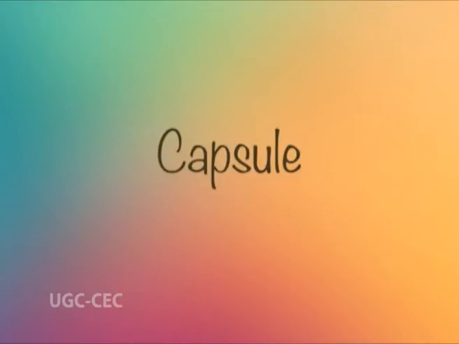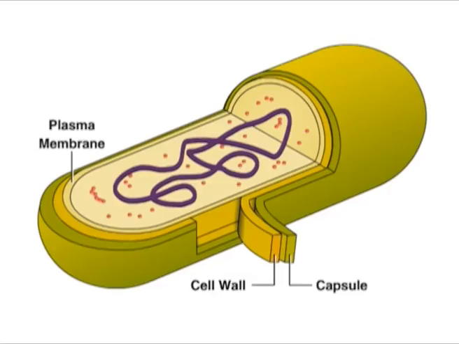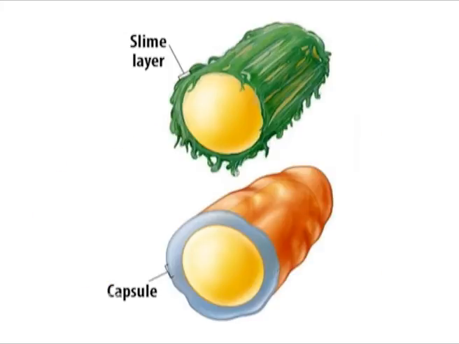Now, we will see capsule. Other bacteria may have a thick and tough covering known as capsule. Both capsule and slime layer are made up of polysaccharides, but may sometimes contain protein also.